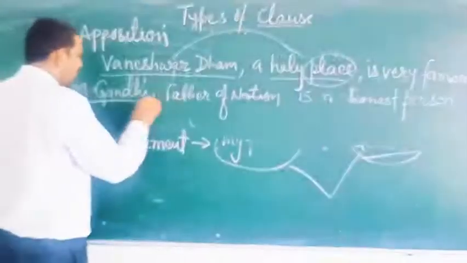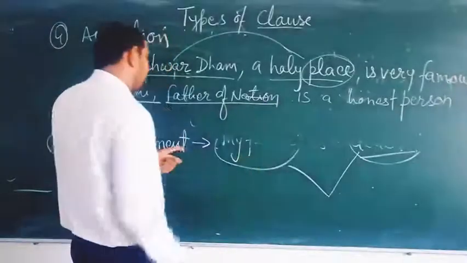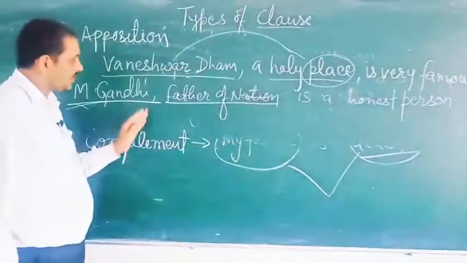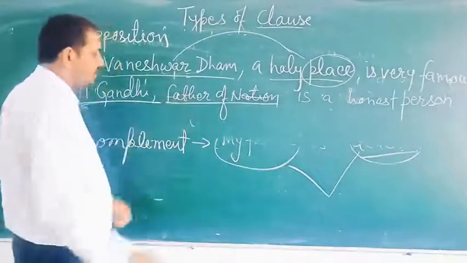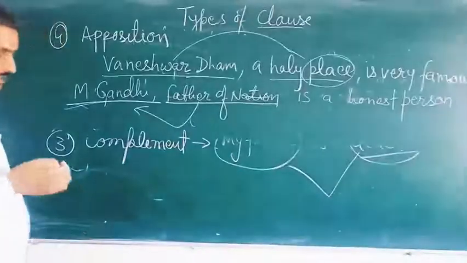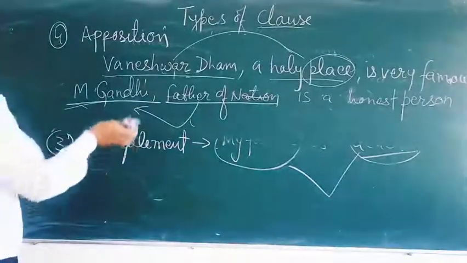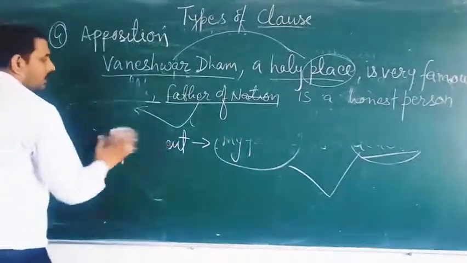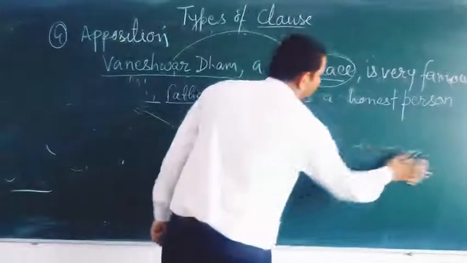So the main word is Mahatma Gandhi and we use another word for the same person, just after it. So that is the example of opposition. So we can say the noun can be used as subject, object, complement, and in opposition.